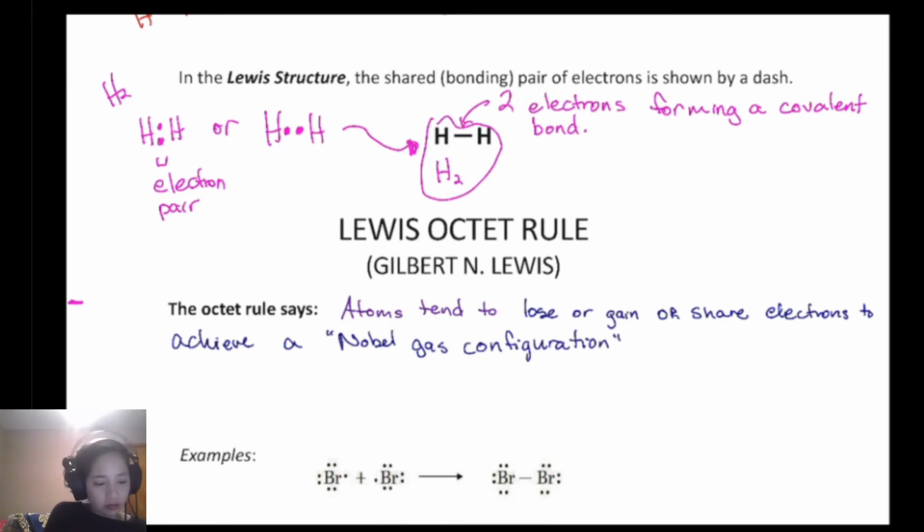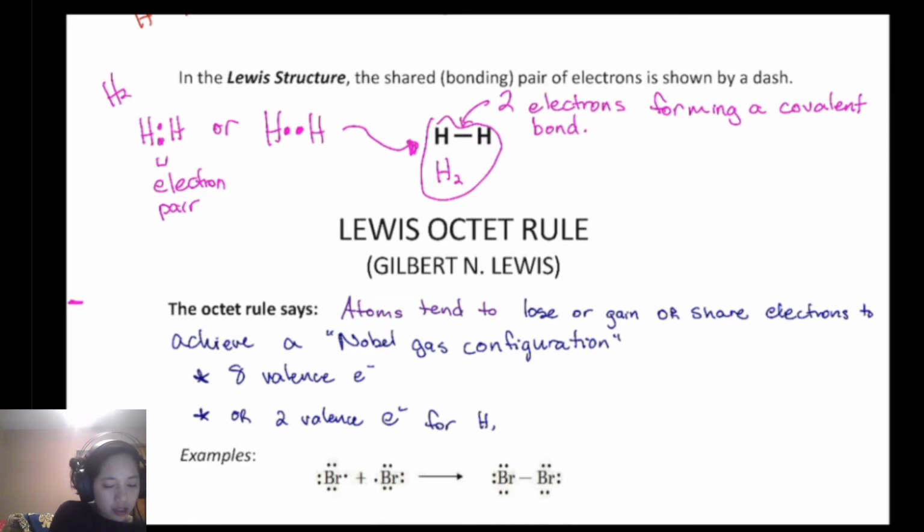So noble gas configuration either means eight valence electrons, or two valence electrons for hydrogen and helium.